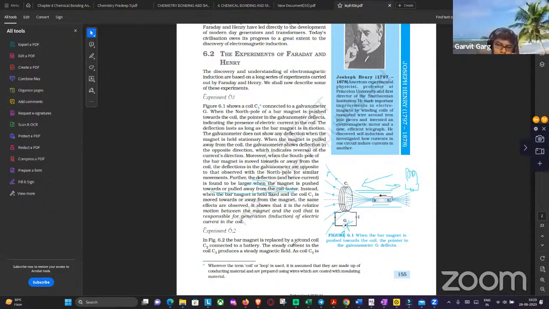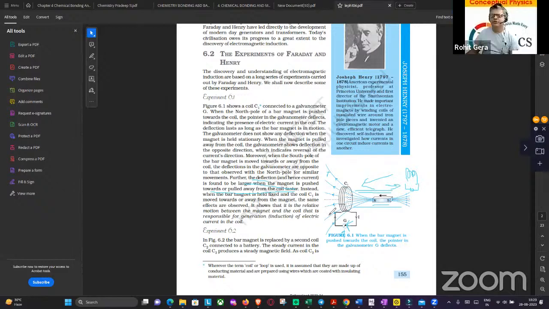What it shows is if there is a relative motion between the magnet and the coil, आप ऐसे भी कर सकते हो कि keep the magnet stationary and move this coil left and right, तब भी आपको डिफ्लेक्शन नजर आएगी because there is a relative motion between coil and the magnet. Anytime you see a relative motion, you see a deflection.